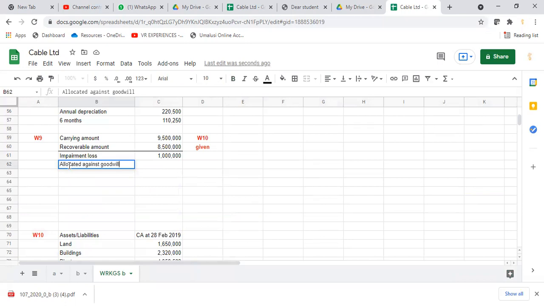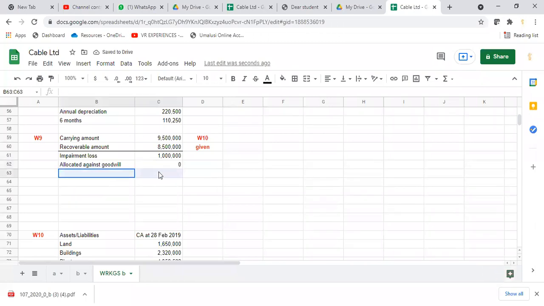You don't have to do this because there's no goodwill in this question. I'm just showing you, so in the event you get goodwill, you know what to do. How much are you going to allocate against goodwill? As much as possible. So if goodwill is 1.5 million, you allocate the full 1 million. If goodwill was 800,000, you allocate the full 800,000. In this case, there's no goodwill, so how much can we allocate against goodwill is 0.